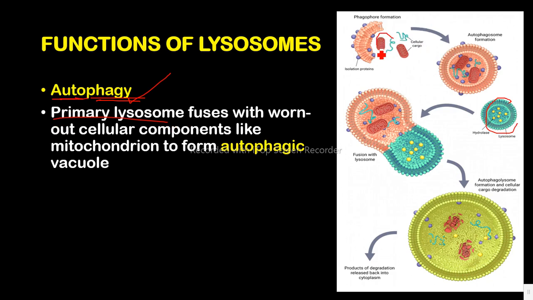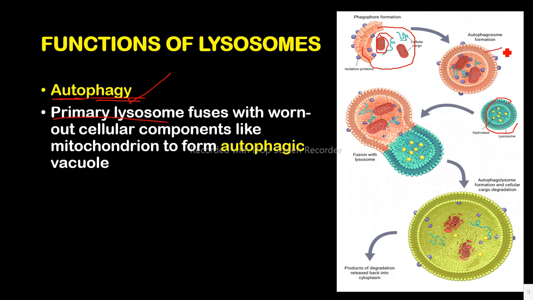The worn out organelle, maybe the mitochondrion, maybe the chloroplast, maybe any organelle that is stored within the cytoplasm, in case it's worn out, will be engulfed and packaged within a vesicle.